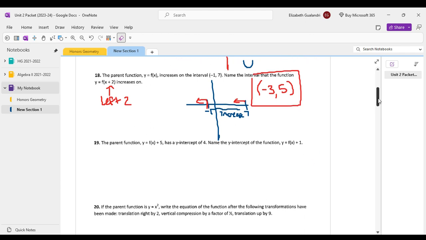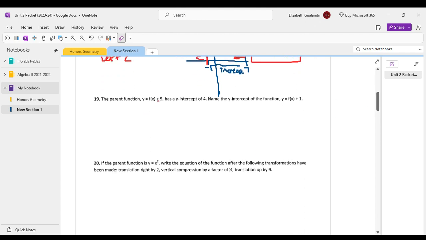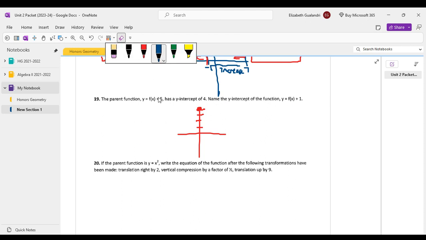Number 19, y equals f of x plus 5 has a y-intercept of 4. So I'm thinking about a y-intercept 1, 2, 3, 4, where it's right there for this function. Name the y-intercept of the function f of x plus 1. So what I did was I said, okay, if this was where that y-intercept was, I really don't care about what the transformation is on this. I care about what the difference is between the beginning and the end.